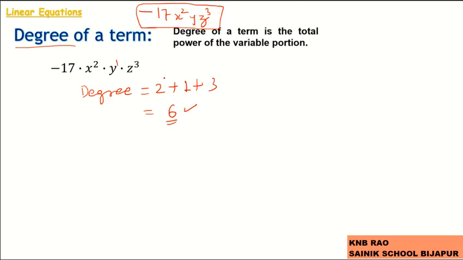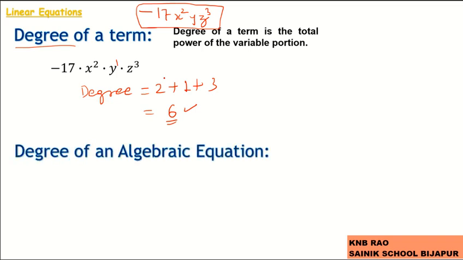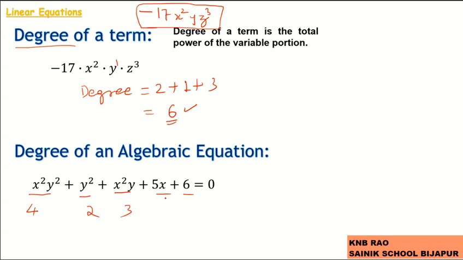So, the definition says the degree of a term is the total power of the variable portion, whereas the degree of an algebraic equation means, now here I have got so many terms. This is one term, second, third, fourth, fifth. Amongst these terms, the degree of this term is 4, this term is 2, this term is 3, this term is 1, and there is no variable at all, that means its degree is 0.